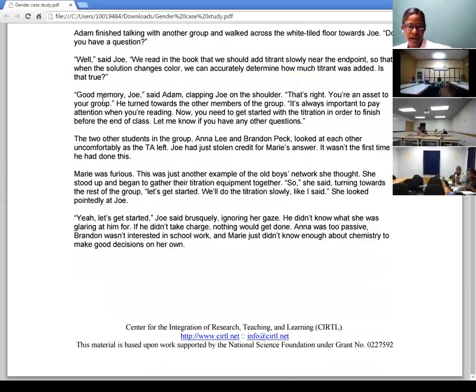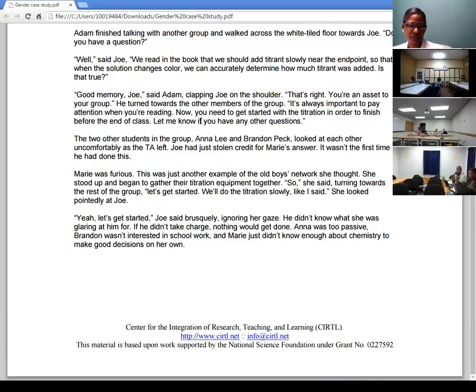The TA, teaching assistant, congratulated Joe on his observation, his memory of what was to be done, turned to the group, and let them know that they need to make sure they read the lab manual, pay attention, and know what to do ahead of the class.